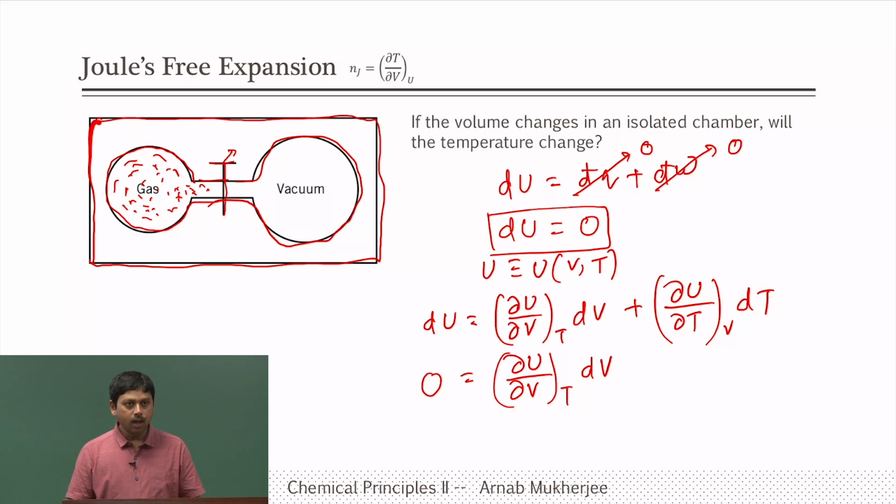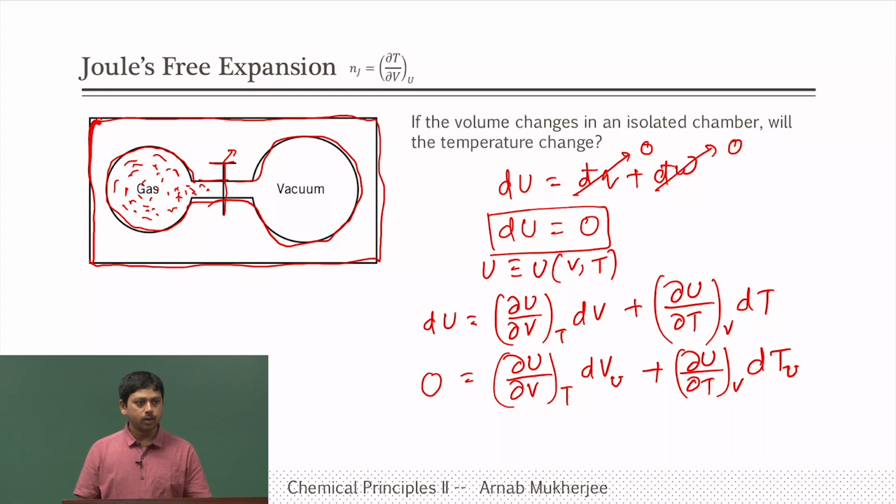Now, when I write dV, I have already used a condition. That condition is that dU is 0. We have used that condition. In order to denote that we are using that condition, we use this subscript U, which indicates that dV is at constant U, plus (del U by del T) at constant V dT at constant U. Now, we are going to rearrange this equation.